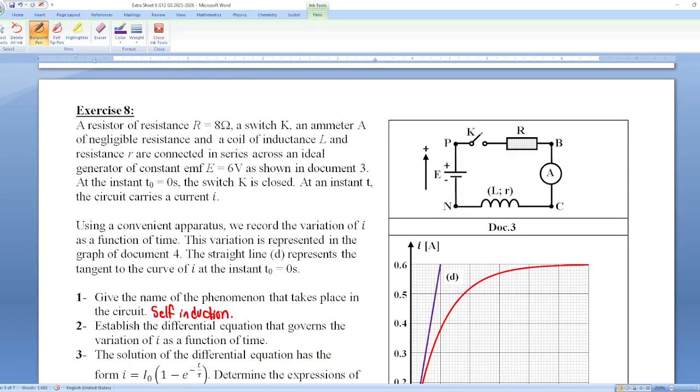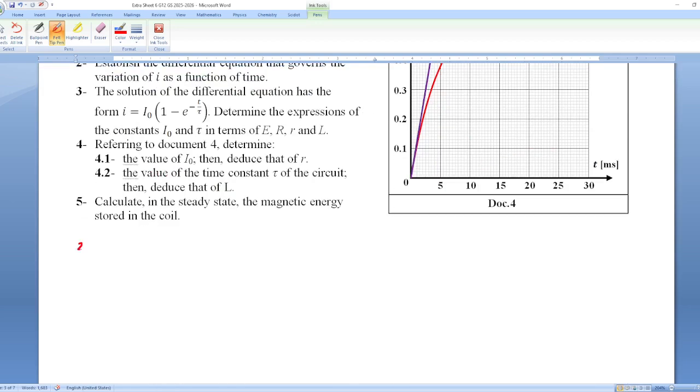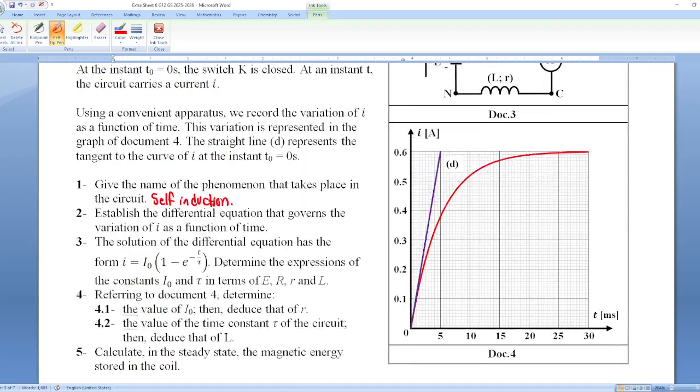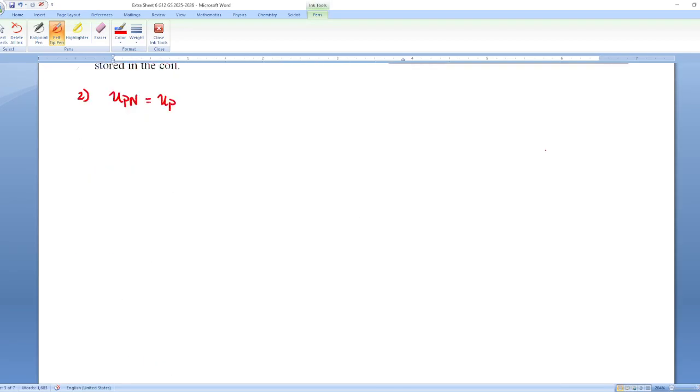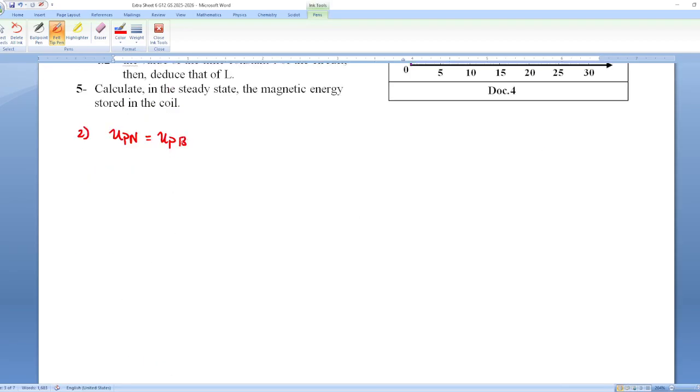Here the switch K is closed. We apply the law of addition of voltages. We start with UPN. UPN equals UPB plus UBC plus UCN.